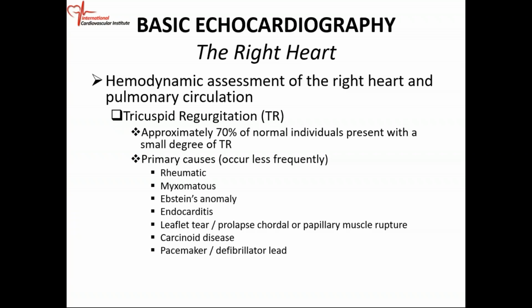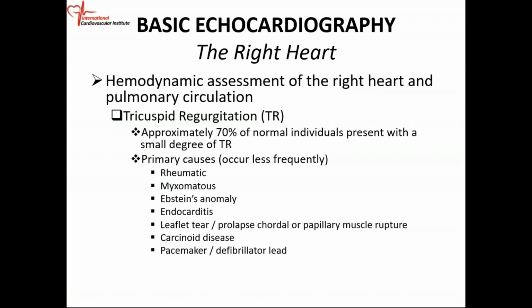And because it is, this lends itself for you to calculate the right ventricular systolic pressure and the pulmonary artery systolic pressure. So you can calculate those pressures because TR is so common.